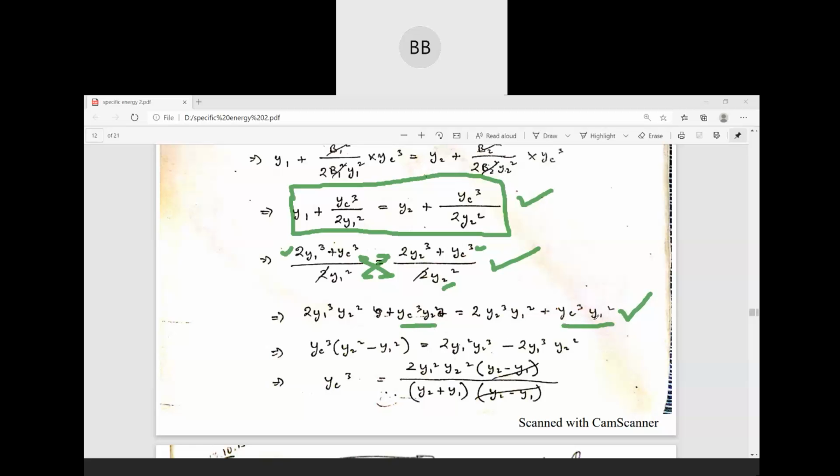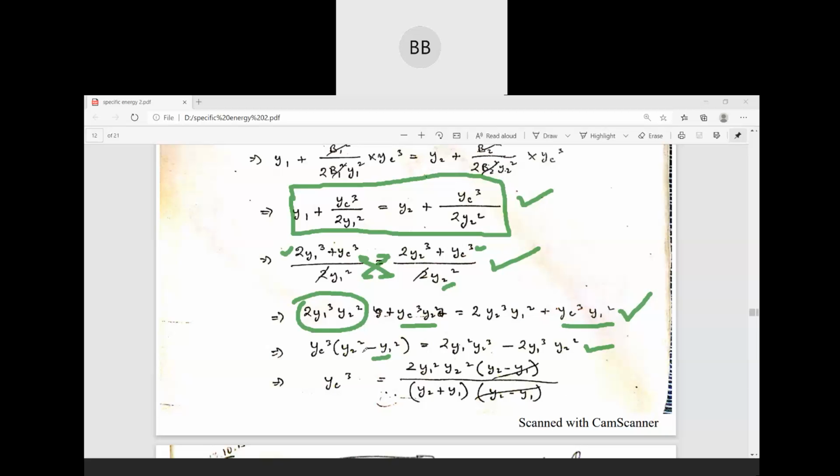If you bring this to the left hand side, it will be negative, because here it is positive. Taking yc cube common, it will be y2 square minus y1 square, is equal to what is left: twice y1 square y2 cube, minus, if you bring this term to the right hand side it will be minus, because here it is positive, then yc cube.